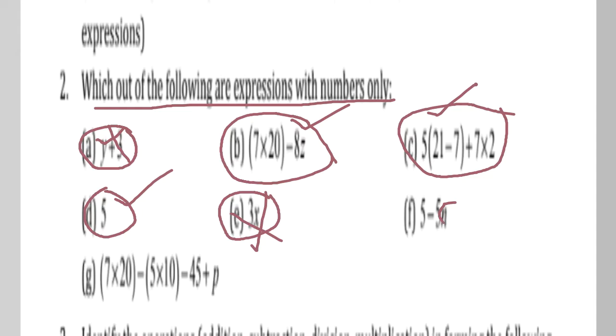Now this is part G of question number 2: 7 into 20 minus 5 into 10 minus 45 plus p. In this part p is a variable, but our condition is which out of the following are expressions with only numbers.